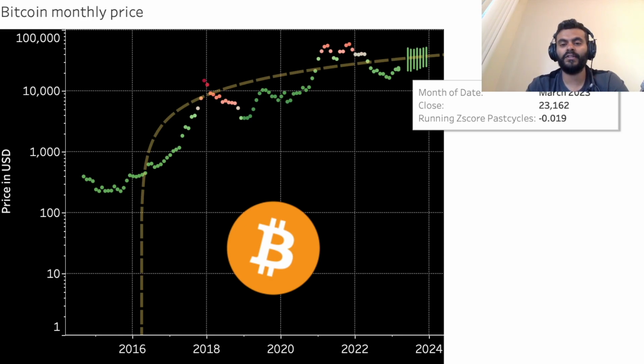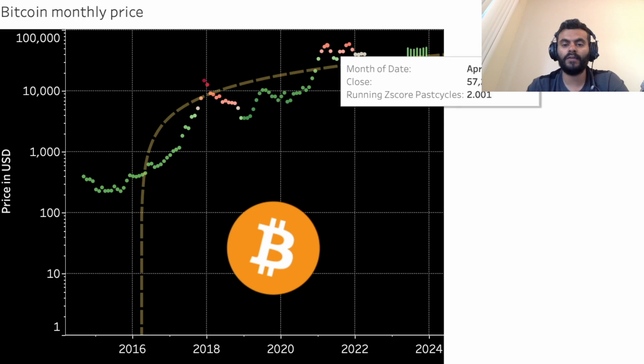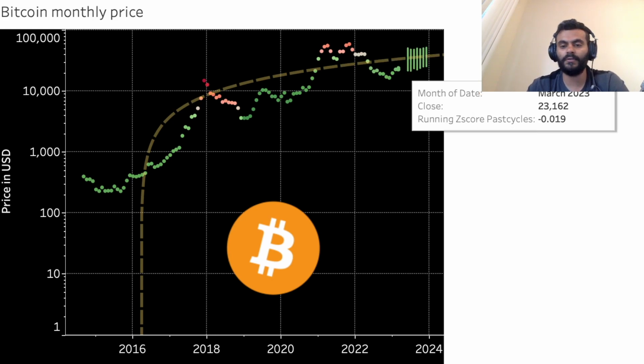That's how I've configured these z-scores, and we are fairly close to zero. So we are not as undervalued as Bitcoin was in February of 2019 with a z-score of negative 1.1, nor are we that overvalued, with a z-score of positive 2 or something. It's close to zero.